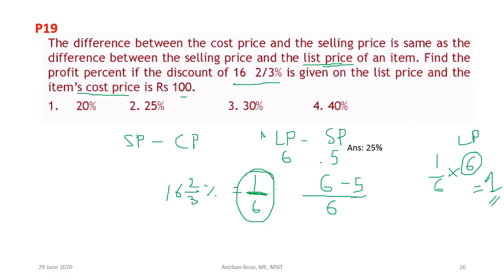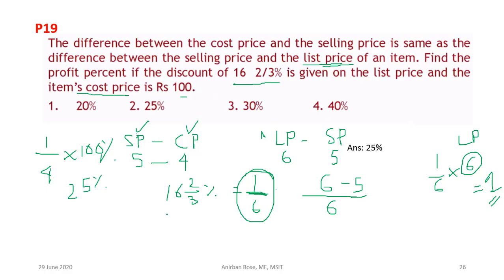So 6 minus 5. If the sale price is 5, then what will be the cost price? Since the difference is the same, the cost price will be 4. If you know the cost price and sell price, you can easily find the profit percentage. The profit is 1 and the cost price is 4, so profit percentage will be 1/4 into 100%. The answer will be 25%.